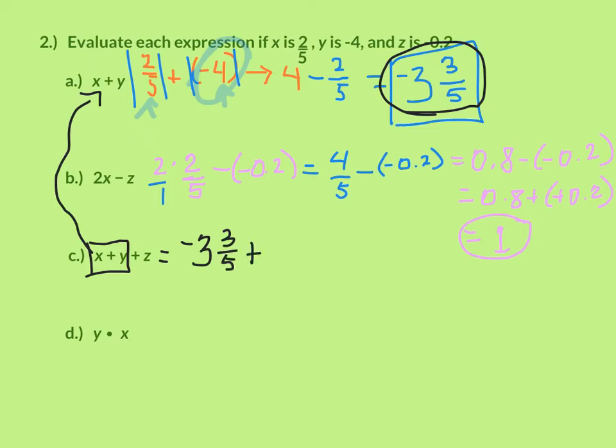plus z, which is negative 0.2. Oh, we've got those beautiful, wonderful fifths, which are so easy to change into tenths. So I know 3/5 is equal to 6/10, right? Okay, so I know that my 3/5 is the same as 6/10. So that is going to equal negative 3.6 plus negative 0.2.